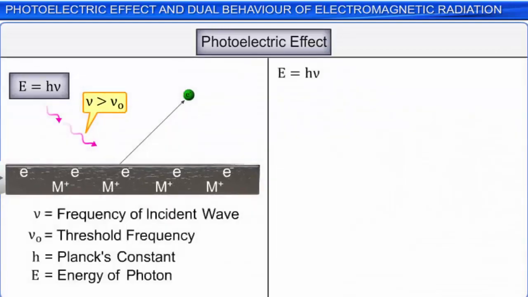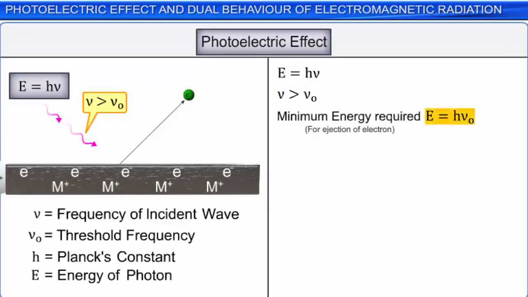Let us assume that the frequency of the photon of incident light nu is greater than the threshold frequency nu0. In other words, the striking photon has energy equal to h nu, and the minimum energy required to eject the electron is h nu 0. As the energy of the incident photon h nu is greater than h nu 0, the remaining energy, that is h nu minus h nu 0, is imparted as kinetic energy to the electron.